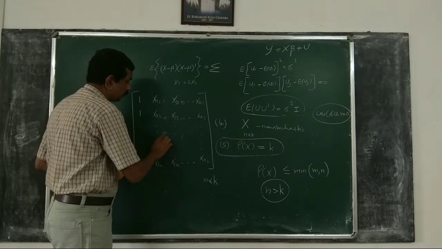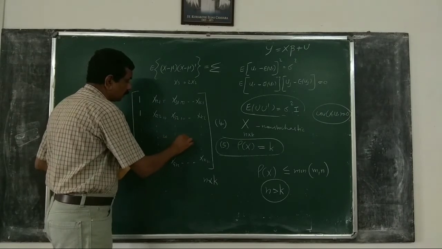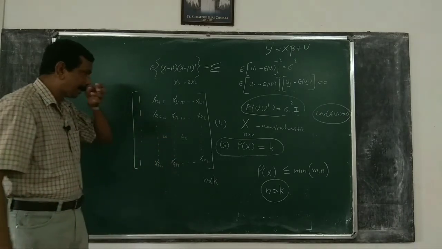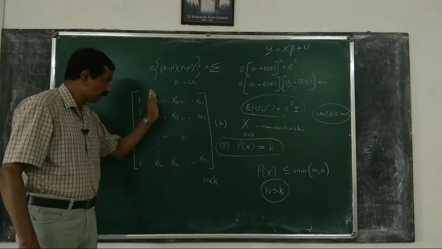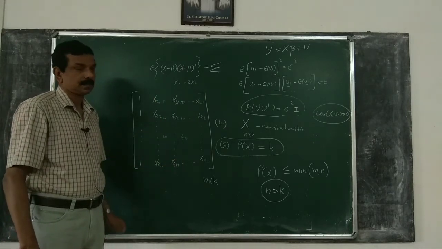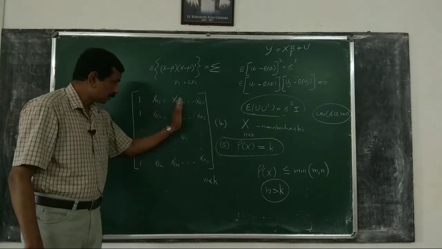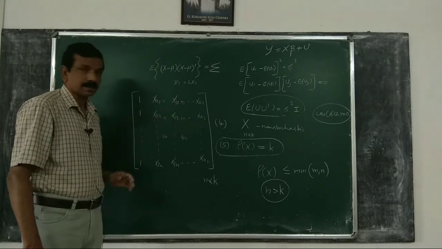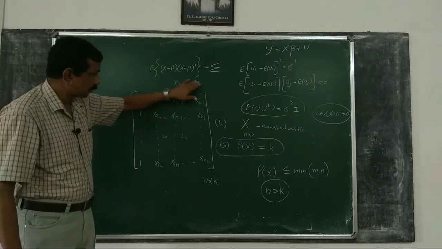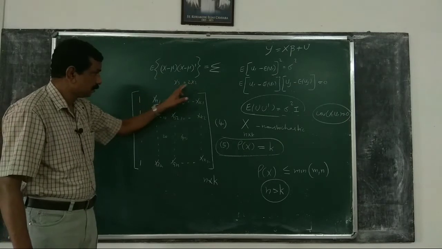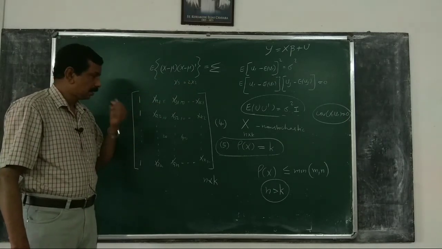If it is 30, 60. That means the third column is a multiple of the second column. That means columns 2 and 3 will be linearly dependent because there is a dependency here. x3 is equal to 2x2, like that.